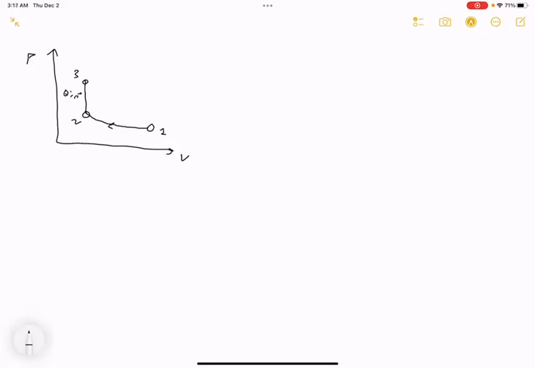And then we're going to do the exact opposite of a compression. We're going to expand, and this is where our work gets done. Now, as we expand, it's with the same compression ratio, or rather the inverse compression ratio. We're going to go from state 3 to 4. So that means that if before our specific volume shrunk by a factor of 9, here it's about to increase by a factor of 9.